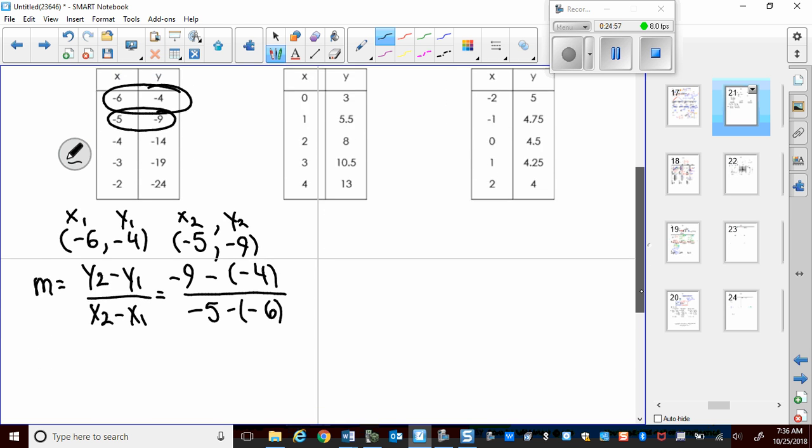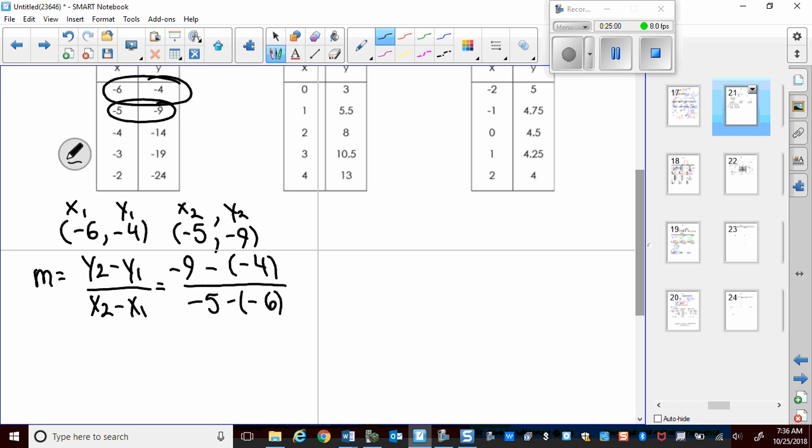I'm going to simplify. I get equals negative 5 over positive 1 equals negative 5.